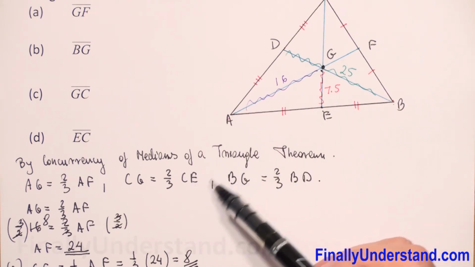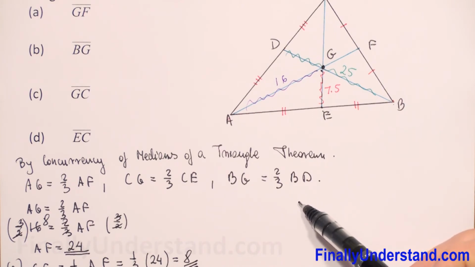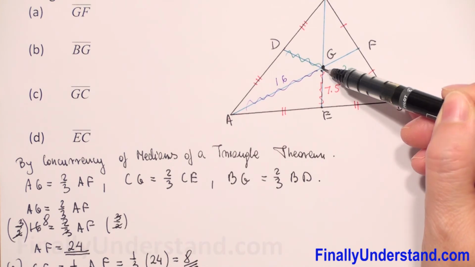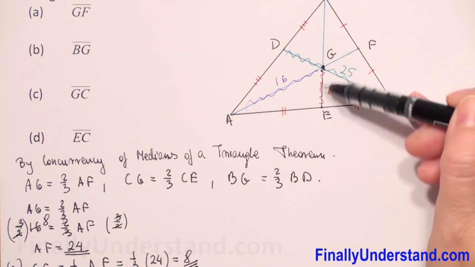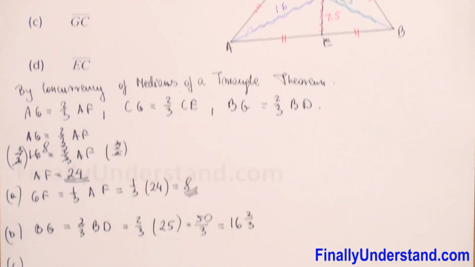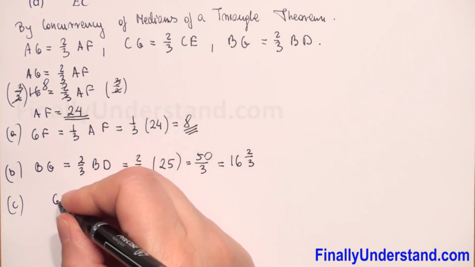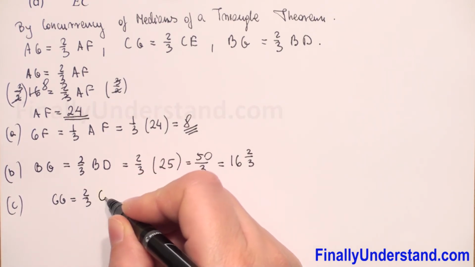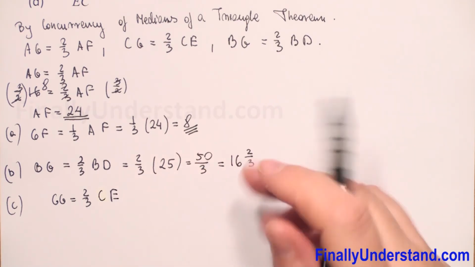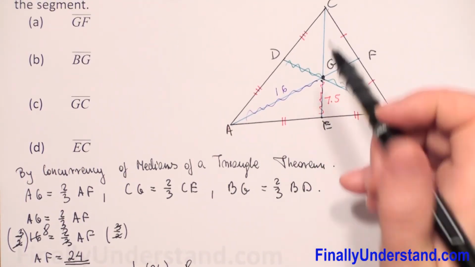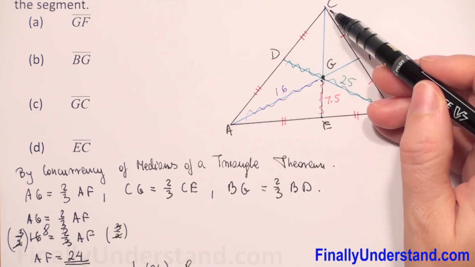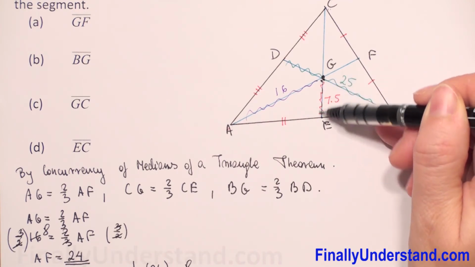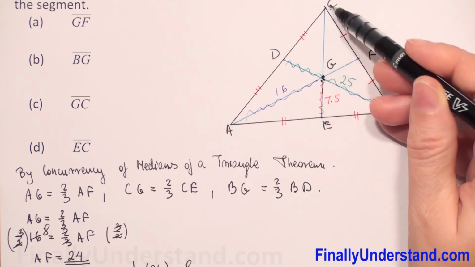Because from concurrency of medians of triangle theorem, we know that CG is equal 2/3 of CE. So we can write that CG is equal 2/3 of CE. So if CG is 2/3 of CE, it means that GE is 1/3 of CE.